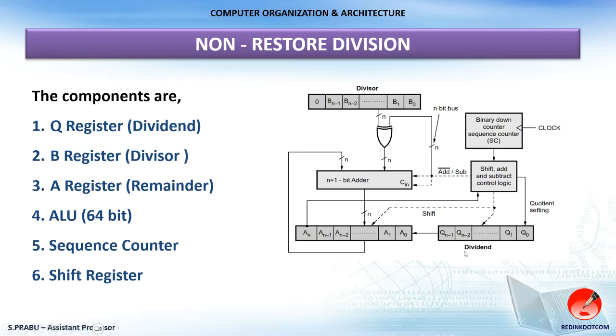Q register contains the dividend value. A register contains 0 initially. Sequence counter contains the number of bits, which helps to repeat the operation that many times to perform the division operation. Shift register performs the left shift operation for both A and Q register.